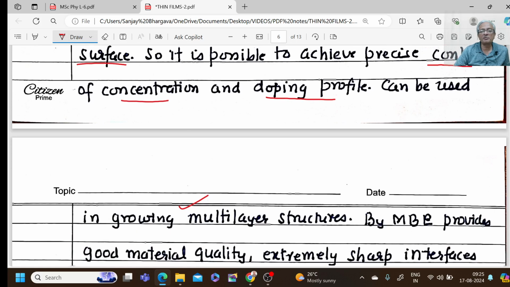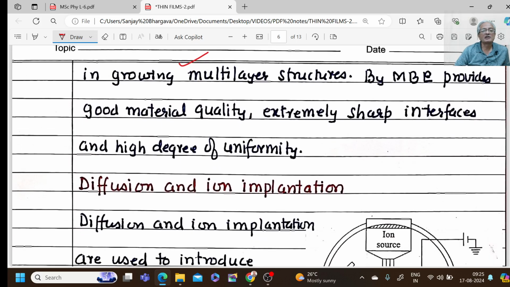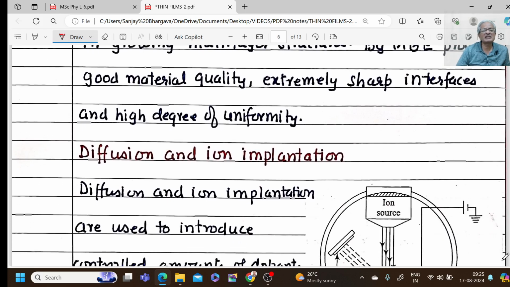Molecular beam epitaxy provides good material quality and extremely sharp interface. So these are the high order utilities: good material quality, extremely sharp interface, and high degree of uniformity. One of the best methods to grow epitaxial layers is molecular beam epitaxy.